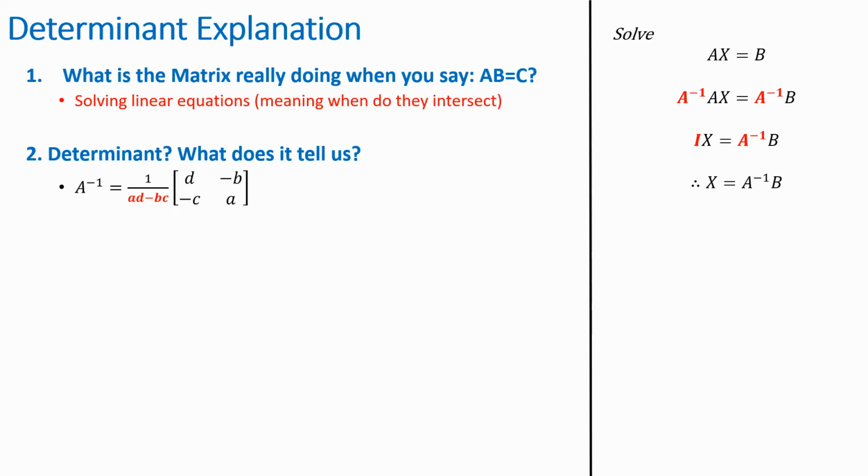So what does it mean if I told you that A inverse doesn't exist? Remember, you're trying to solve for intersection, but if the inverse doesn't exist, you can't do this step. Because if A inverse doesn't exist, you can't remove A. But if you can't remove A, what does that mean? You can't solve for x.